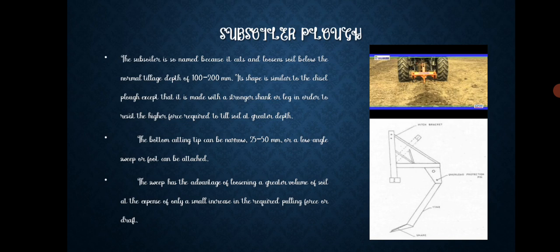The bottom cutting tip can be narrow, 25 to 50 mm, or a low angle sweep or foot can be attached. The sweep has the advantage of loosening a greater volume of soil at the expense of only a small increase in the required pulling force or draft.